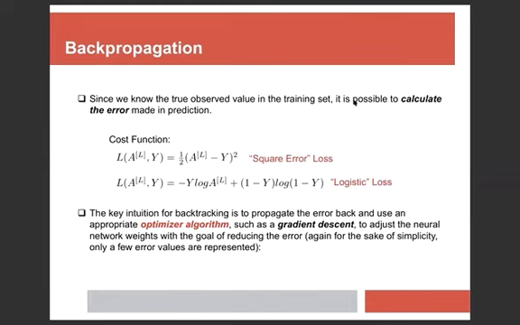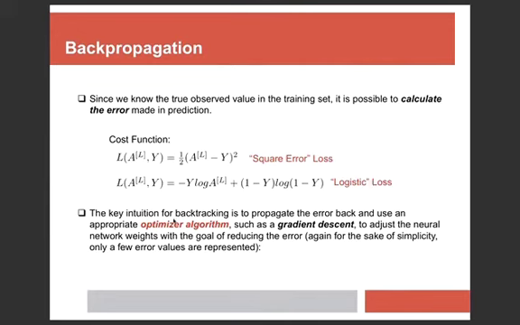One simple way is the squared error loss. That is, we calculate the mean squared error between the predicted output and the ground truth. The other is called the logistic loss, which we will use more often. Still, these equations we don't need to remember.